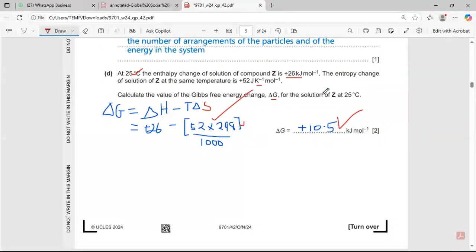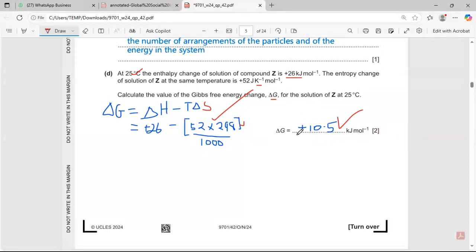Good. That is perfect. Now, E says use your answer in D to predict whether or not Z is soluble in water at 25 degrees Celsius. Explain your answer. How did I come up and say no? Because my Gibbs free energy is positive.